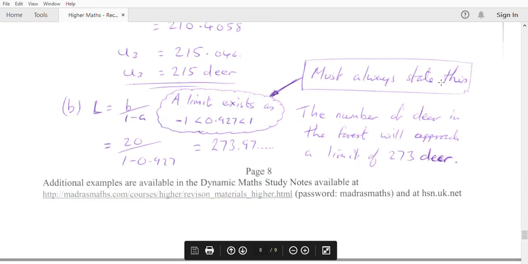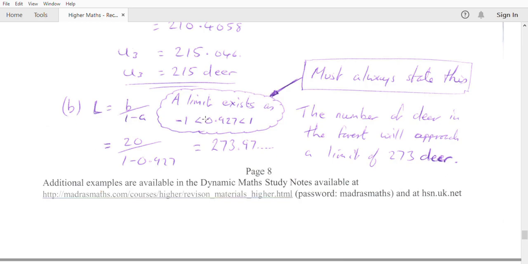We must always state that a limit exists as -1 is less than our value of a, which is less than 1. That needs to be stated. Without that statement, we are dropping a mark, guaranteed. So the limit is b over 1 minus a, so 200 over 1 minus 0.927, which turns out as 273.97, so not quite enough to have 274 deer.